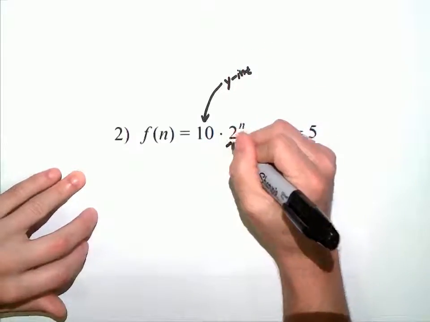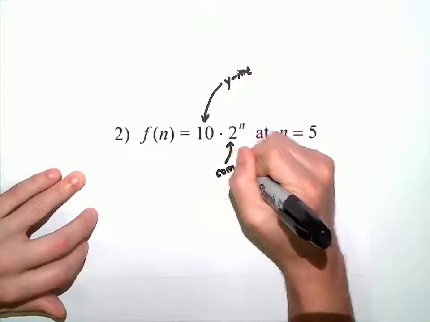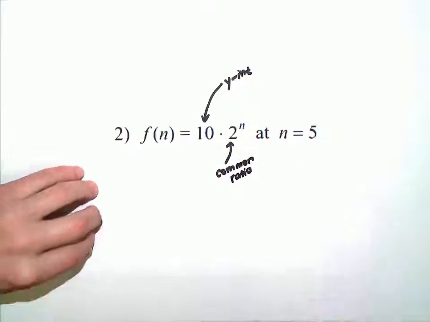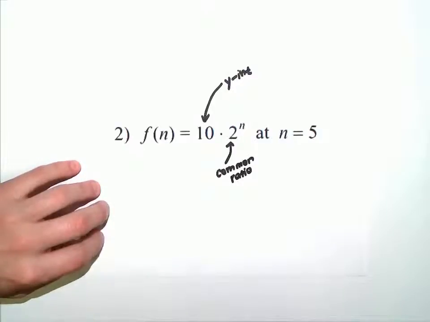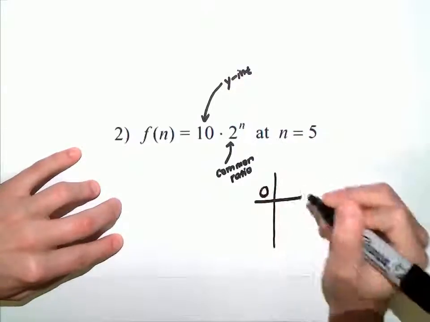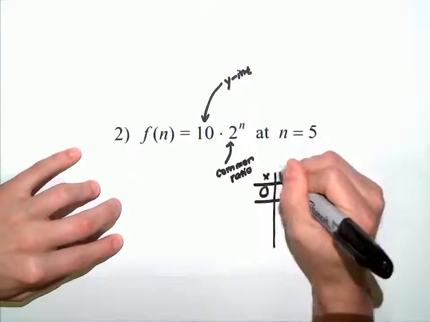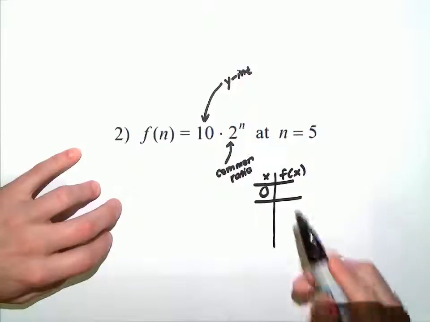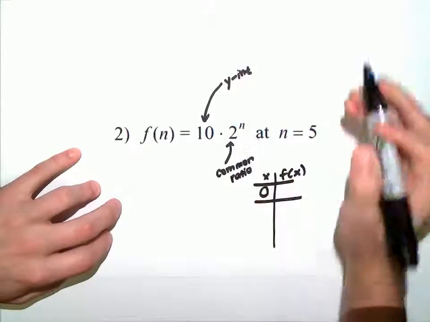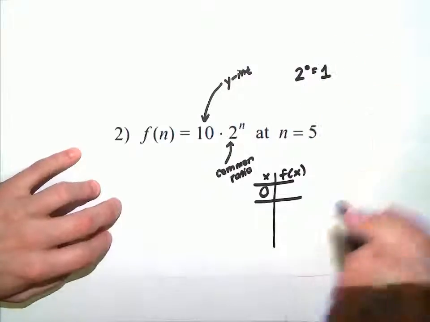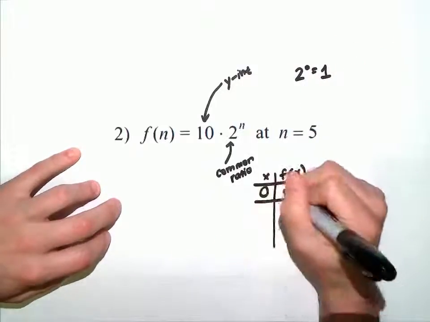The common ratio is 2. That's true. Because the y-intercept is 10, when we input a 0 into this function, x and f of x, we're going to get 2 to the 0 power. 2 to the 0 power is 1. Anything to the power of 0 is 1. And 1 times 10 is 10.